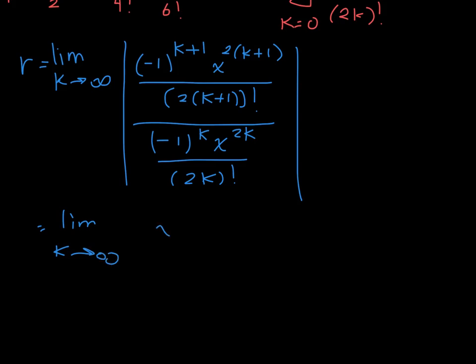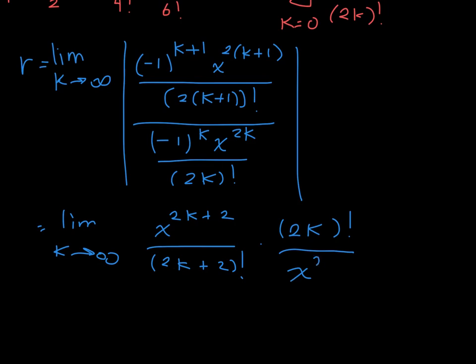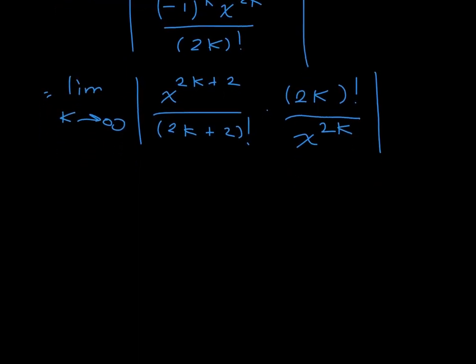So I get x to the power of 2k plus 2 over, 2k plus 2 factorial times 2k factorial over x to the 2k. Sorry, that's sloppy. That's a 2 right there. Technically, we need absolute values around some of this. So let me keep absolute value bars there, and then I'll simplify without any absolute values.